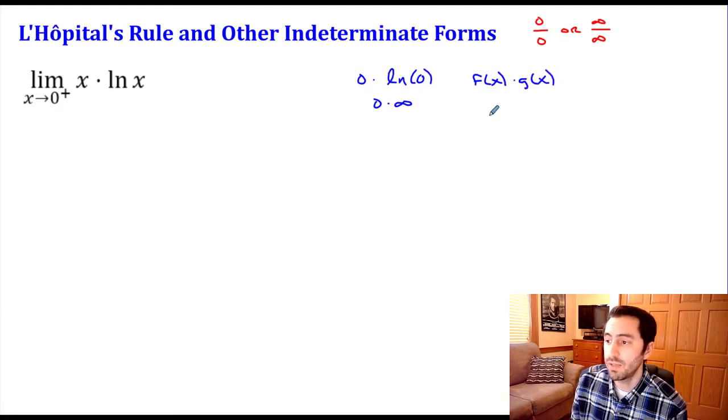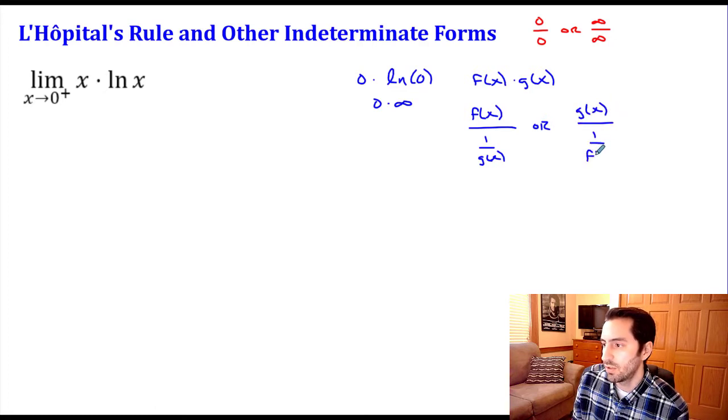We're going to want to rewrite this as a complex fraction. So either I can write this as f of x divided by 1 over g of x, which would simplify to what we started with, or we can go the other way, and we could write this as g of x over 1 over f of x. And again, this would simplify to what we started with.